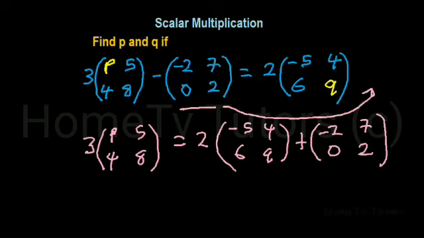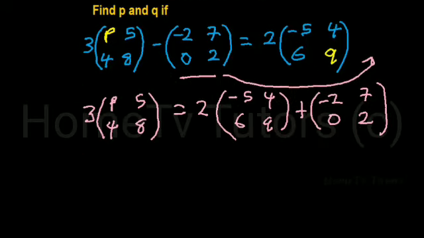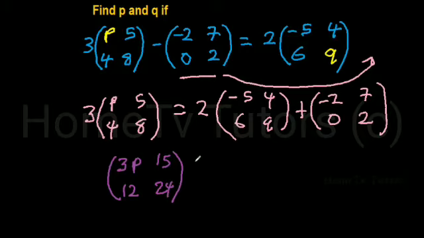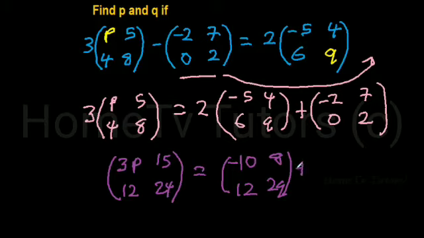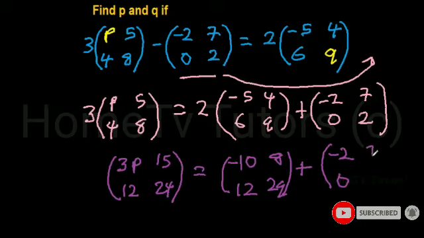So now let us go ahead and multiply the matrices by their scalars. 3 times p we have 3p, 3 times 4 we have 12, 3 times 5 we have 15, 3 times 8 we have 24, which is equal to 2 times -5 we have -10, 2 times 6 we have 12, 2 times 4 we have 8, 2 times q we have 2q, plus the matrix [-2 0; 7 2].